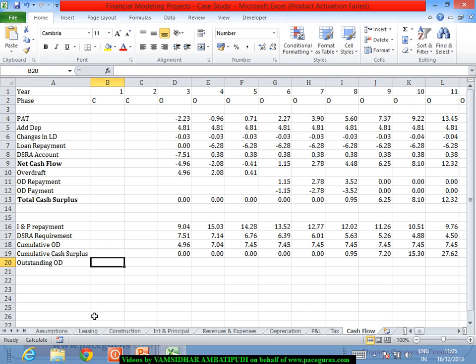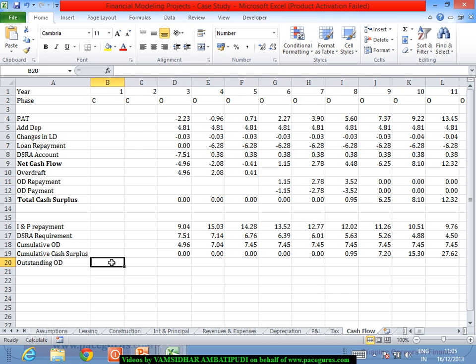Finally, outstanding OD is also something I would like to take, because this is how the ODs are existing in these years. I have taken the OD, and in this year I have repaid the OD. So I would consider the summations of each of these things.